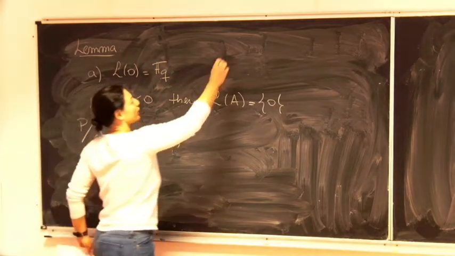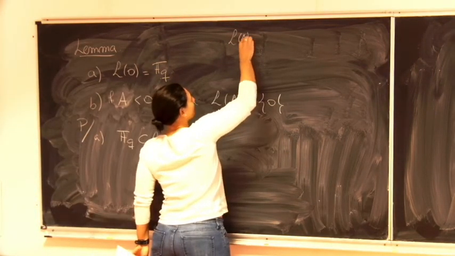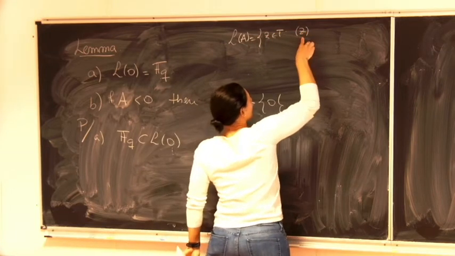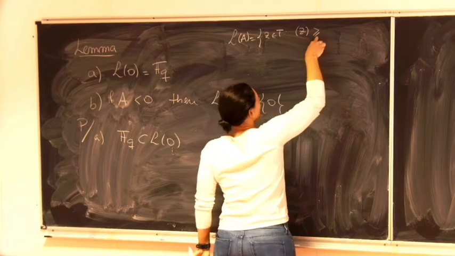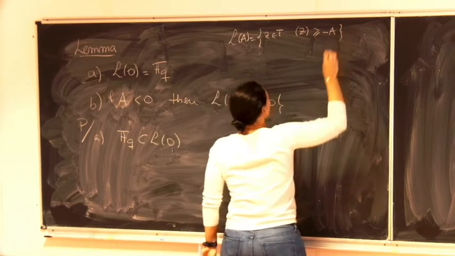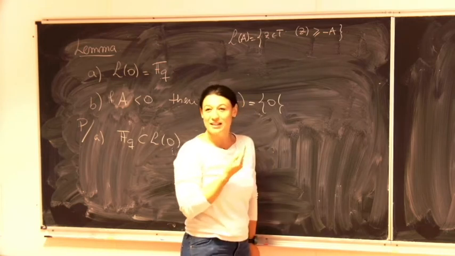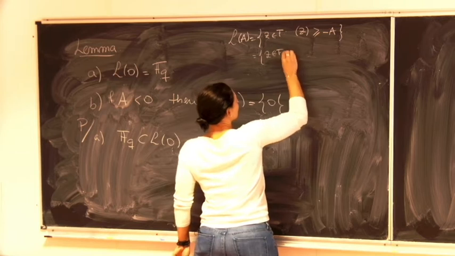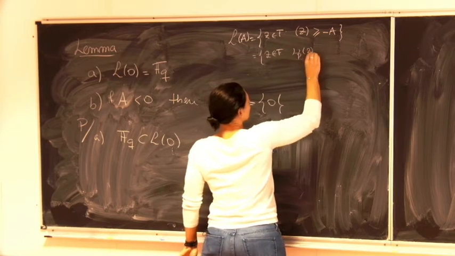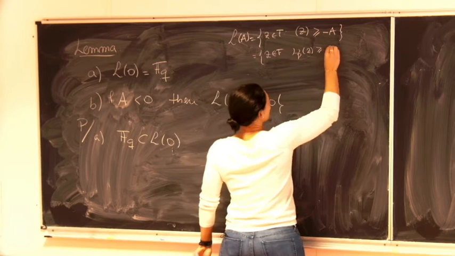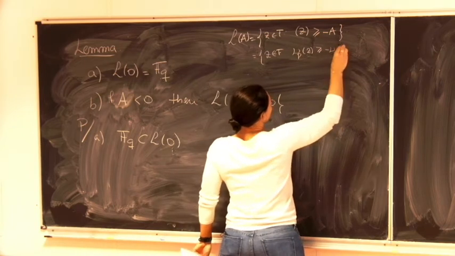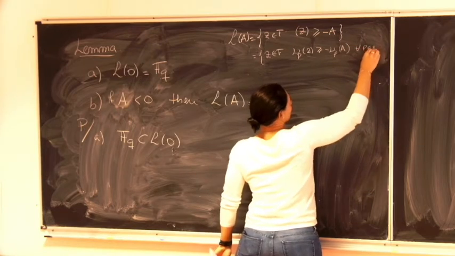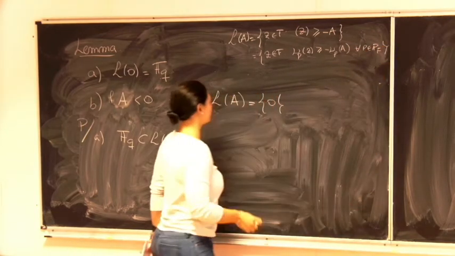And for this, I will have to prove that the constants are inside this set. And recall that for a divisor A, the Riemann-Roch space is the set of elements z such that the principal divisor is bigger or equal than minus A. Or I could also define this using valuations, that is, that the valuation of z at P is bigger or equal than minus the valuation of A at P, and this is for all the places of the function field.